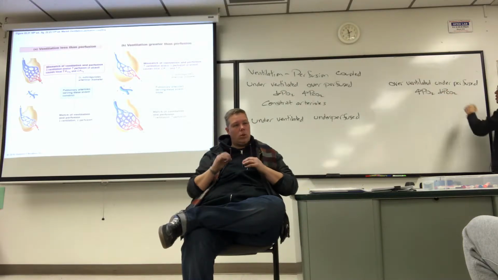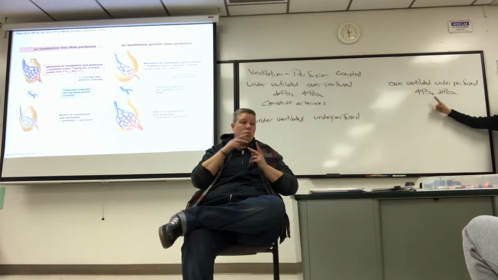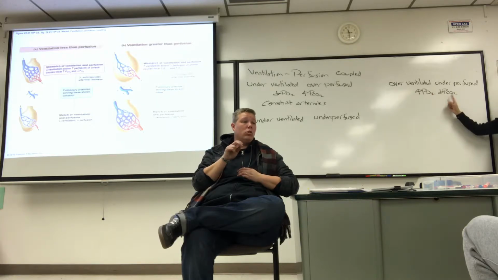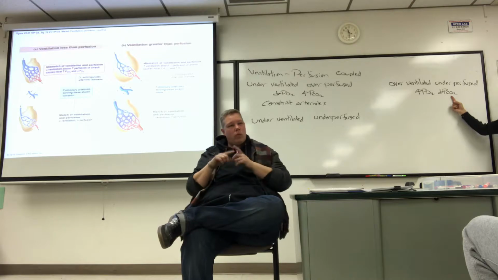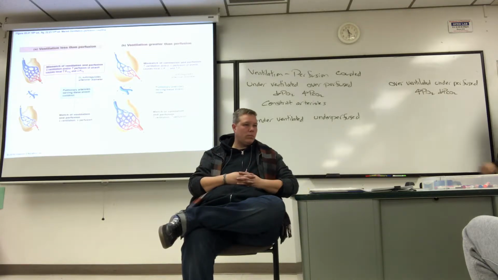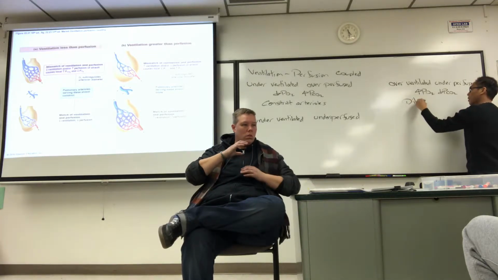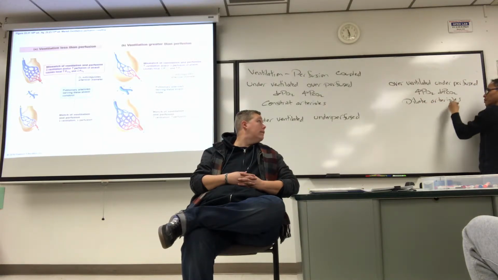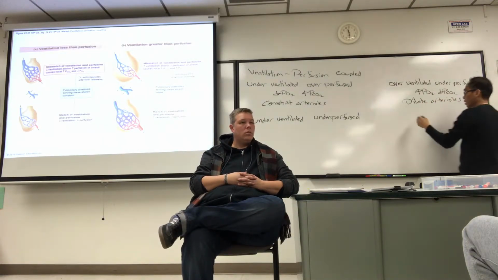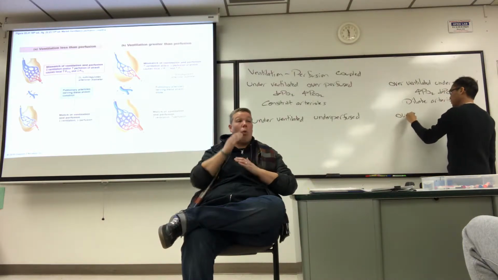So this is a good place to perfuse. You have plenty of O2 to take away. You have a nice gradient to dump the CO2. So then you dilate. So now it's matched. It's overventilated, overperfused.